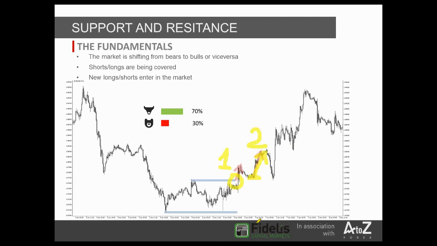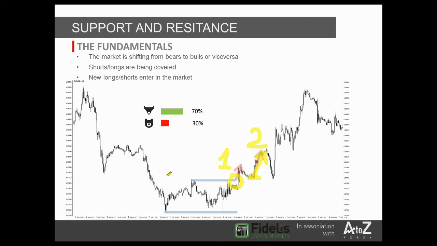Probably at this stage, around 70% of the traders are bulls and 30% are bears. There are always going to be bulls and bears in the market; it can't be just bulls or just bears.